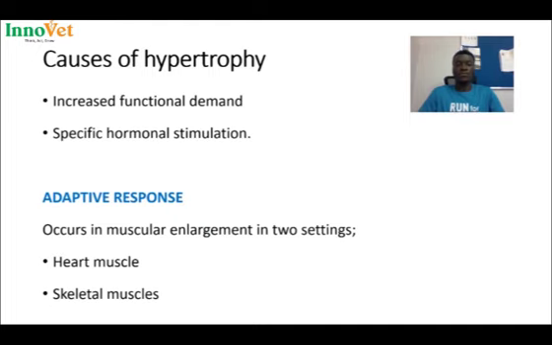How will the cells respond? The same way we saw in atrophy, the same way even here cells will respond. In this case, cells will not go to a smaller size, but they will expand to accommodate the functions based on the functional demand of the body, and that's the way they also respond adaptively.